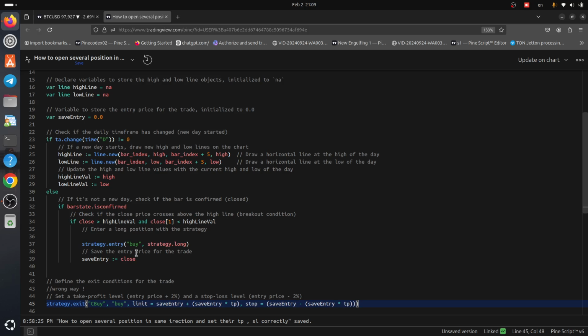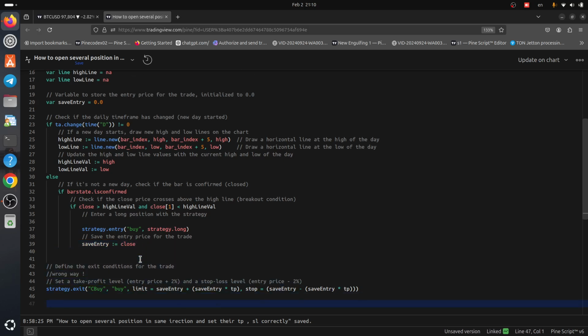Because we want to set take profit and a stop loss based on a percentage, we need our entry, so we save our entry, and we set it as close.